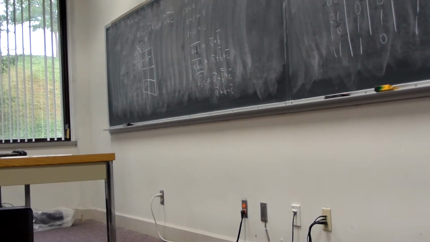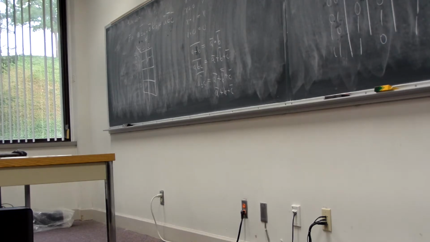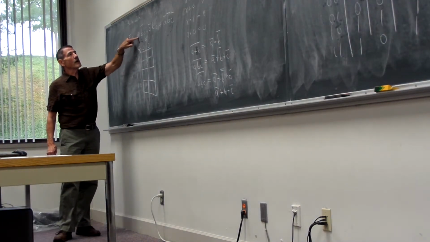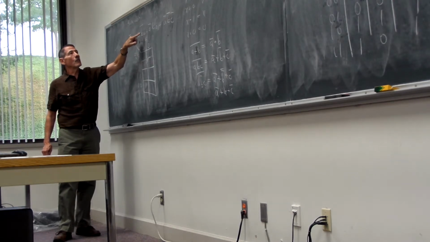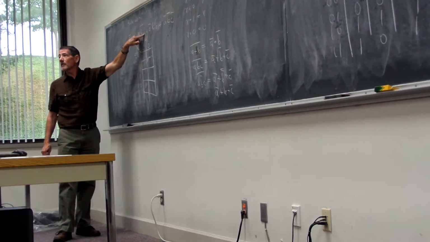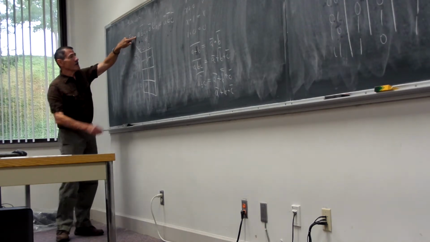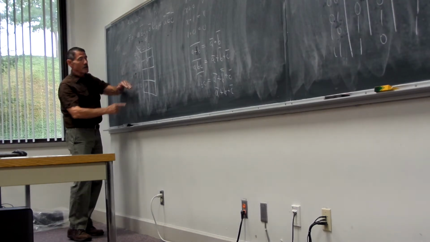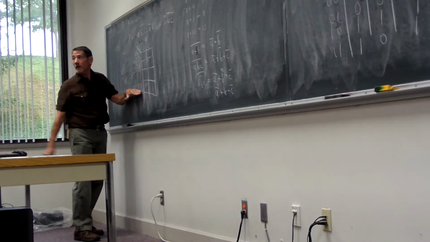All right, now, what makes this function 1? Well, if I have 1, 0, 1, does not my function become 1? So A's a 1, B's a 0. So I'm down here someplace, right?